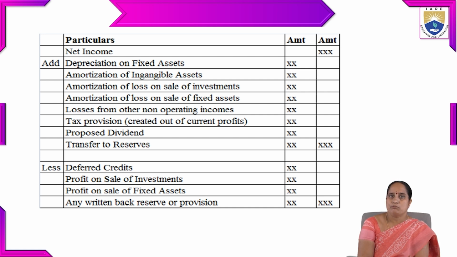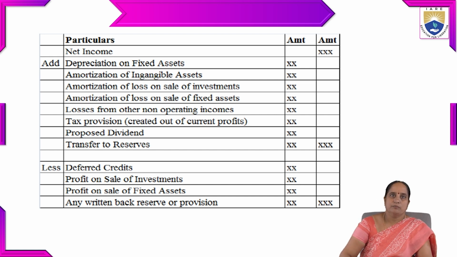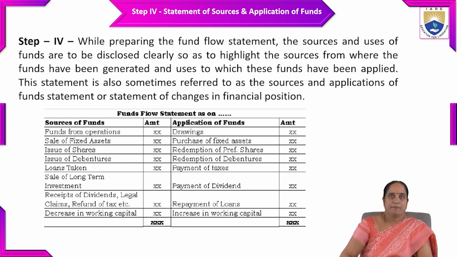And from that, we have to subtract deferred credits, profit on sale of investments, profit on sale of fixed assets. If we have any written back reserve or provisions, that is also subtracted from the previous one.